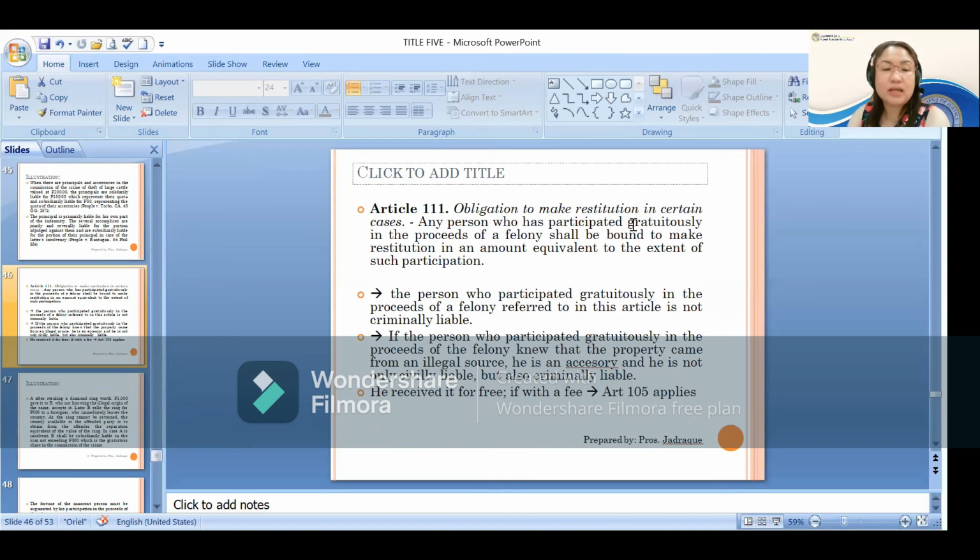And the law further requires that this person who participated gratuitously must have an increase of his wealth or fortune because of his gratuitous participation. Because if there is no increase in his wealth, then he is also not required to make restitution.